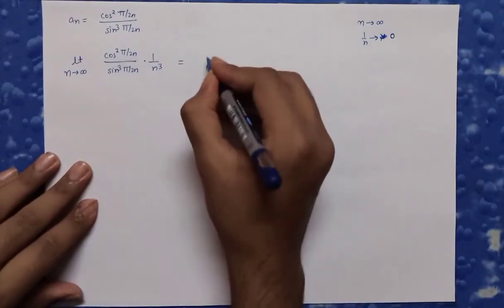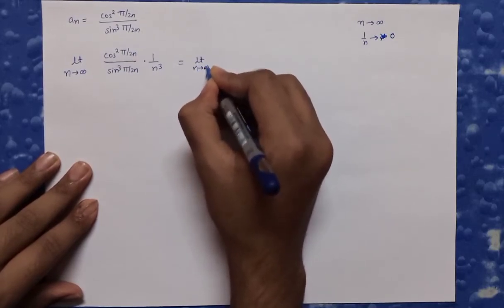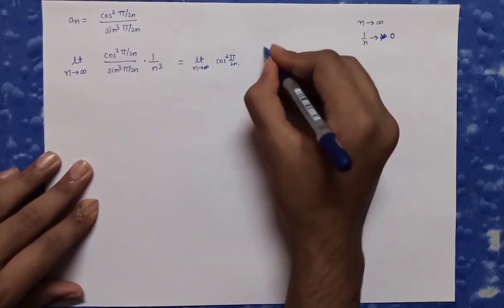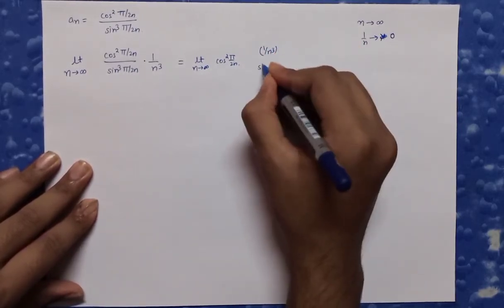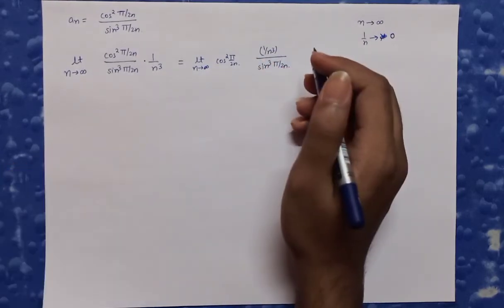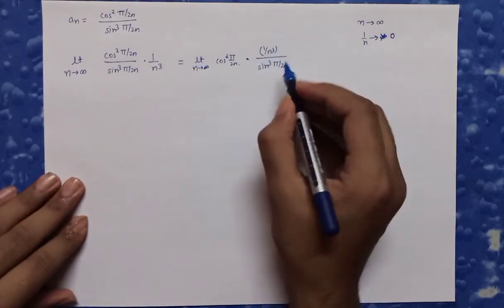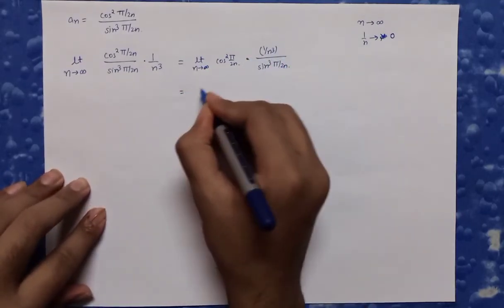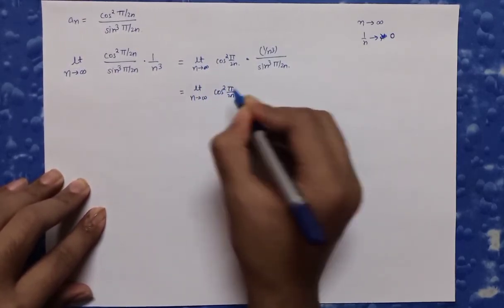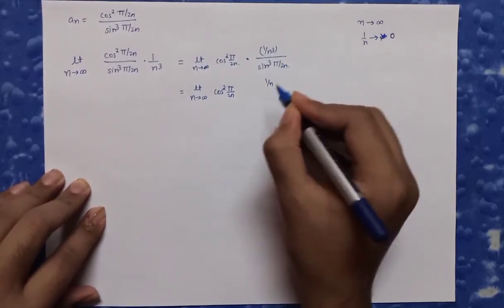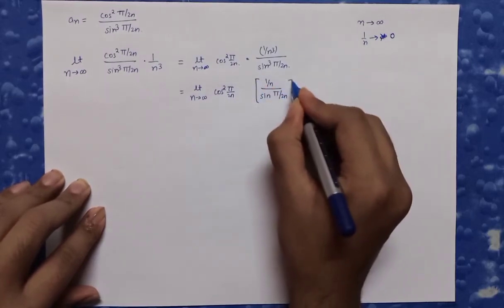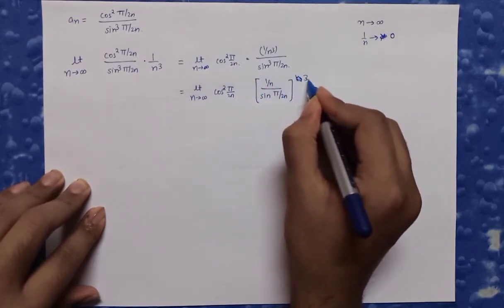So if I write it more clearly here, limit n tends to infinity cos square pi by 2n, then 1 by n cube divided by sine cube pi by 2n. Sorry, sine cube pi by 2n. Now we can clearly observe that we can write it as limit n tends to infinity cos square pi by 2n, and this as 1 by n sine pi by 2n whole cube.